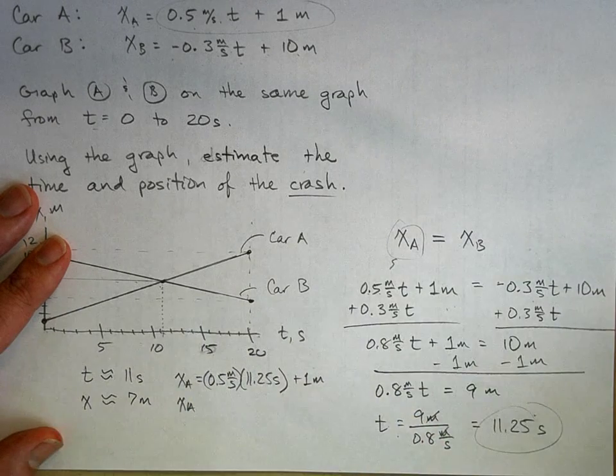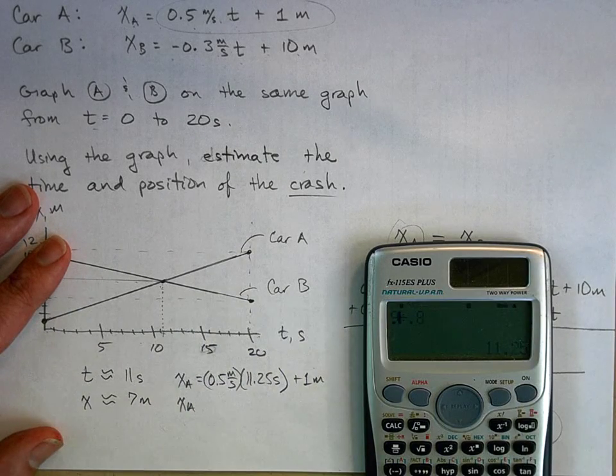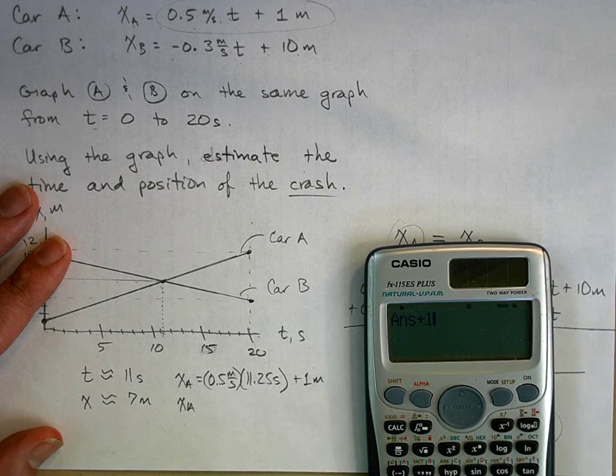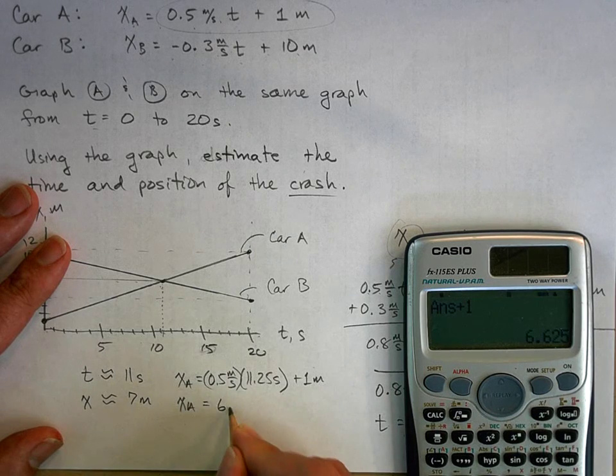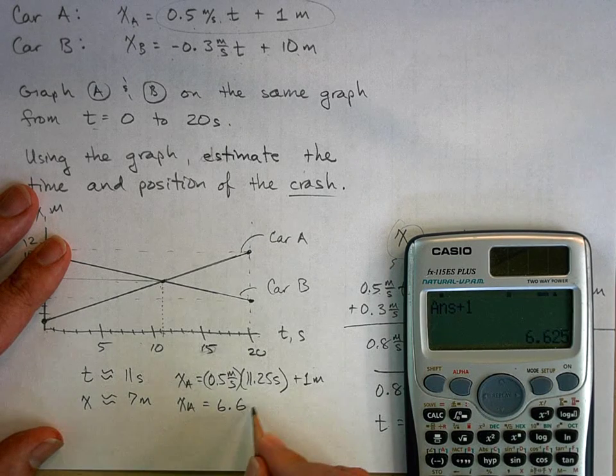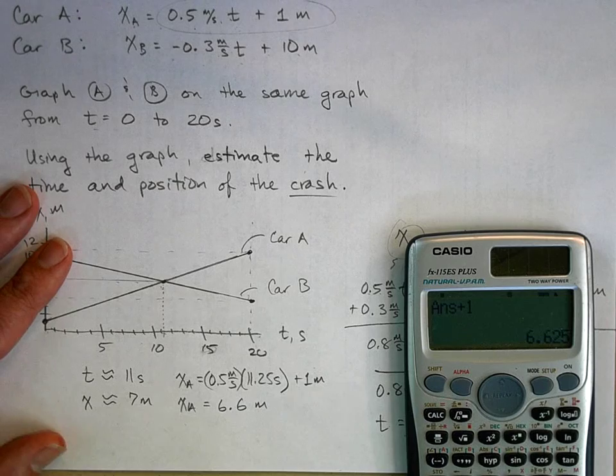Well, let's do the math and save the world. 0.5 times 11.25 equals 5.625, but we have to add 1 meter to it, plus 1 equals 6.625. We'll just call it 6.6 meters, a little over 6.6 meters.